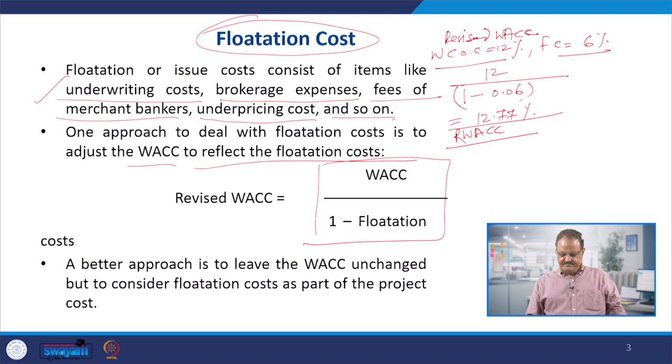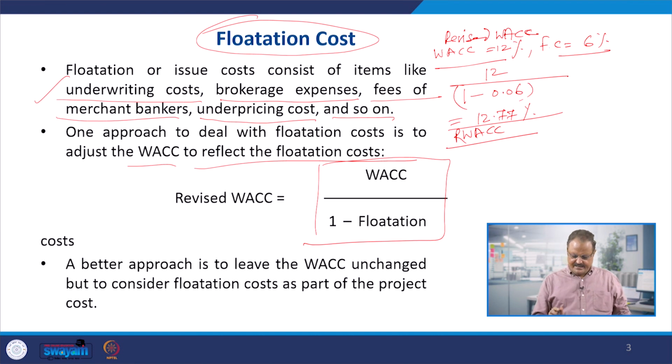And if you revise it, the weighted average cost of capital, which is 12% initially, will become 12.77% when you add into it the 6% of the flotation cost.